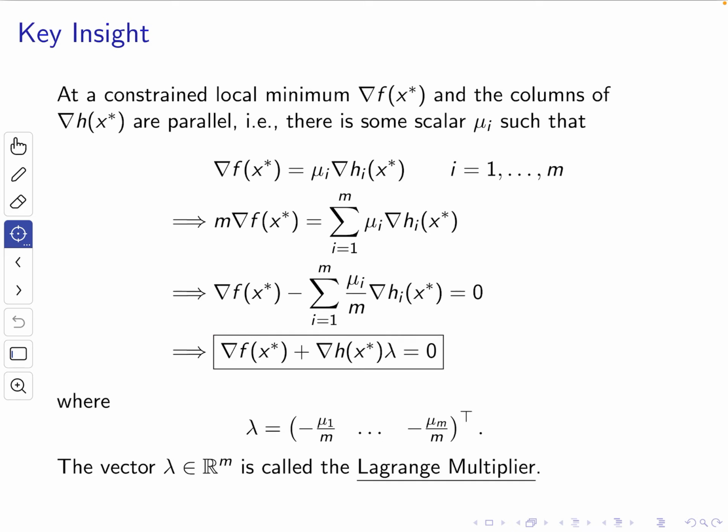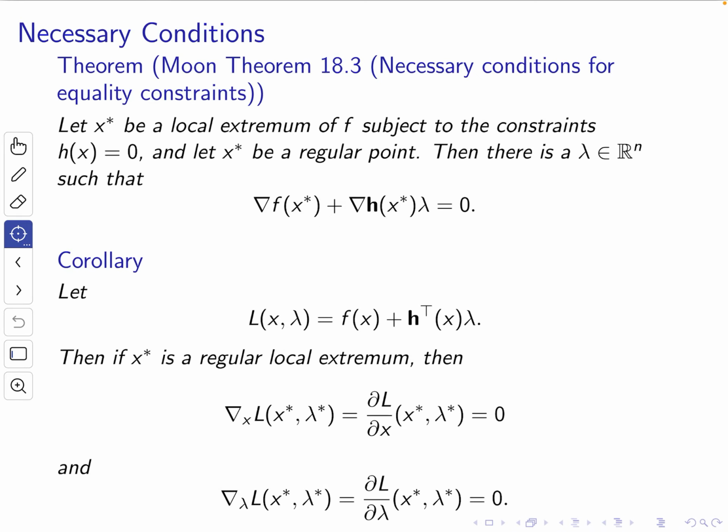Okay, now these vectors lambda are called the Lagrange multipliers. All right, Moon Theorem 18.3. These are the necessary conditions for equality constraints. Suppose x star is a local extremum of f, subject to the constraints that h of x is equal to 0.